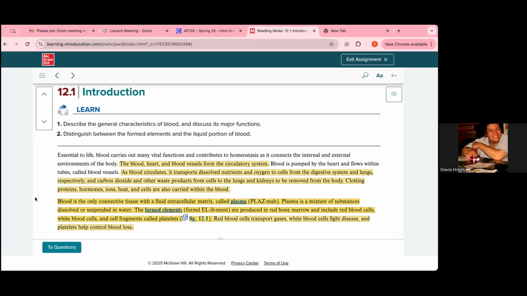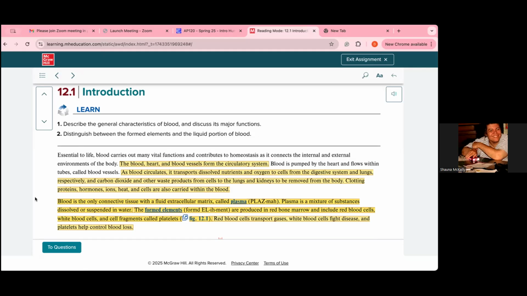Clotting proteins, hormones, ions, heat, and cells are also carried within the blood. Blood is the only connective tissue with a fluid extracellular matrix called plasma. Plasma is a mixture of substances dissolved or suspended in water.